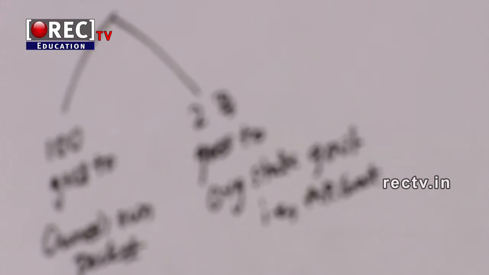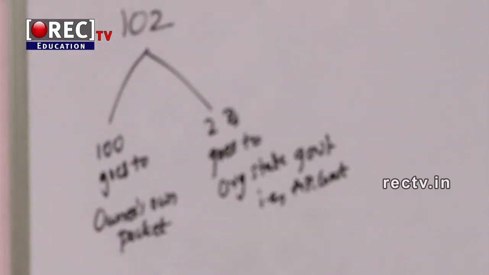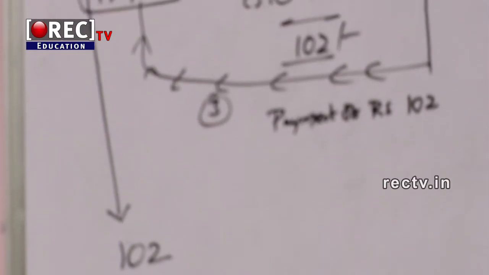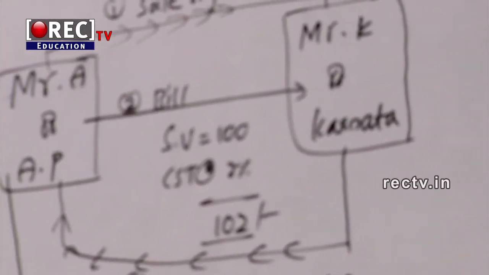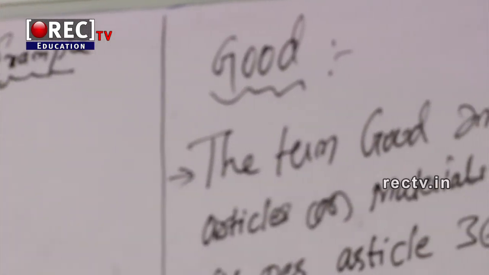To understand this example and what we learned about CST, we need to understand some terms. What is goods?